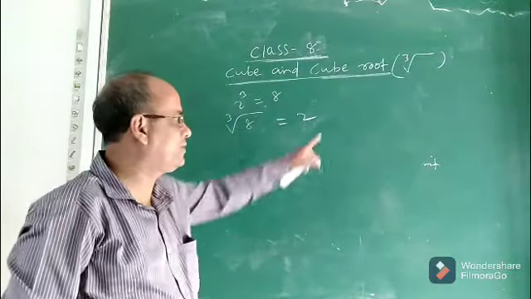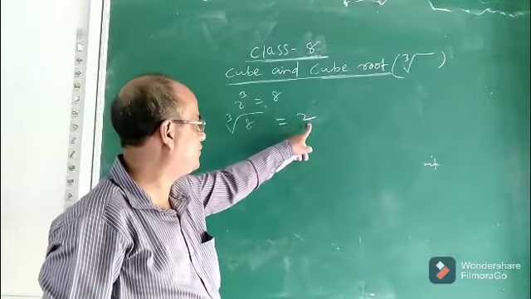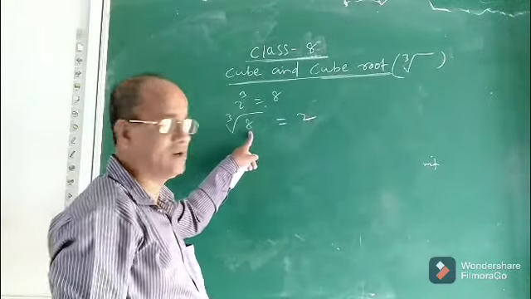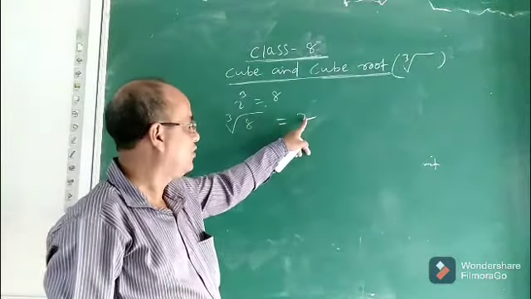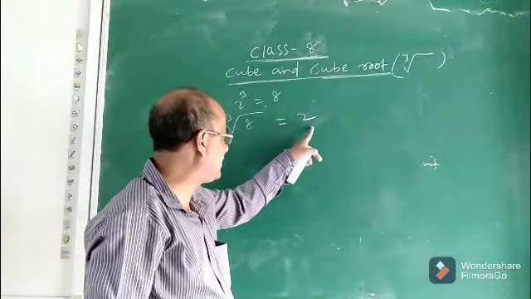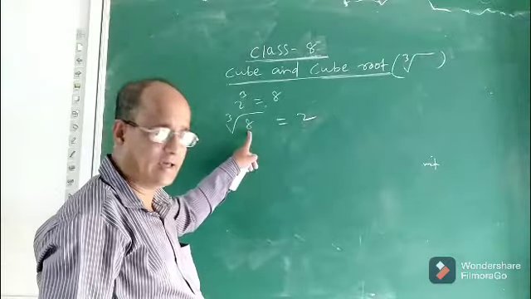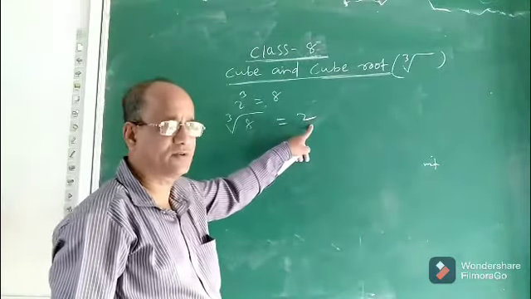If we multiply 2 three times, then only we will get 8. So 2 is the positive integer which when multiplied 3 times will give you 8, and hence the cube root of 8 is 2.